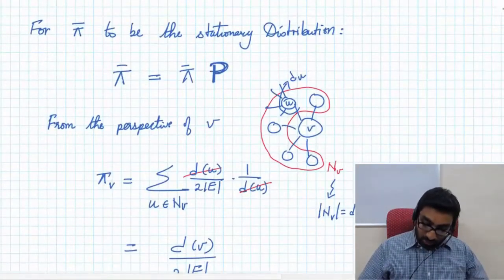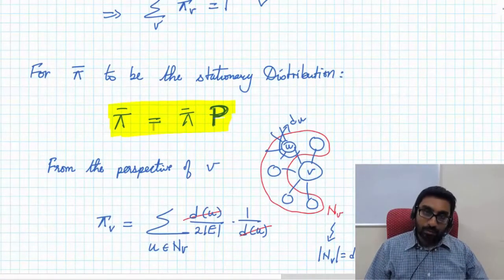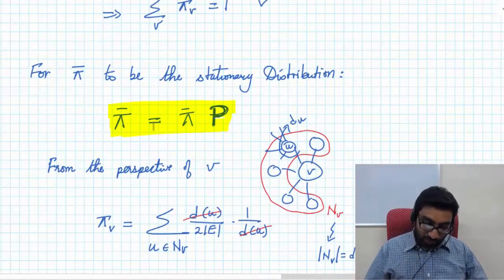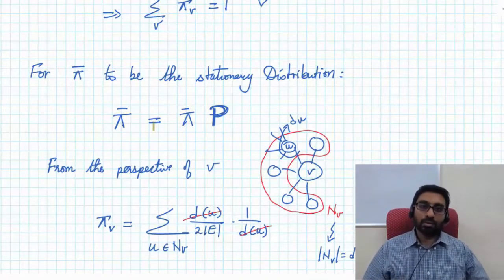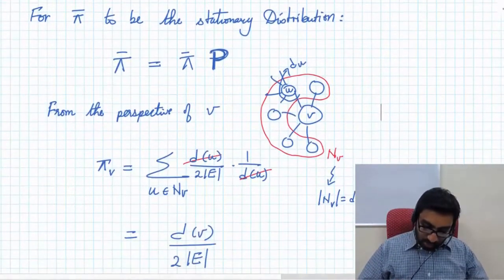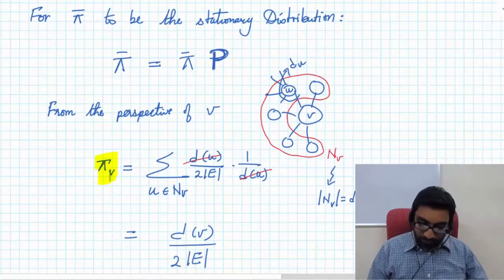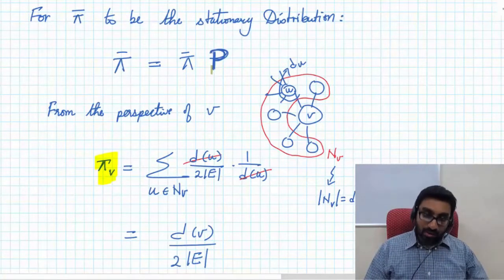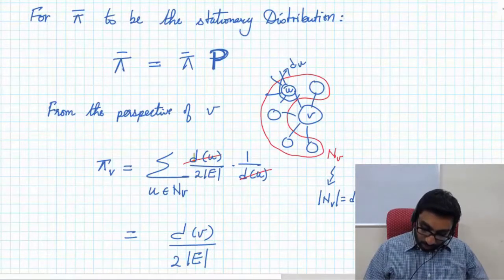Now we need to show that this equation holds: this probability distribution vector times the transition matrix will give you back the probability distribution vector. That's what needs to be shown. So let's look at this equation from the perspective of a single vertex, that's pi_v. Let's look at the vertex v.